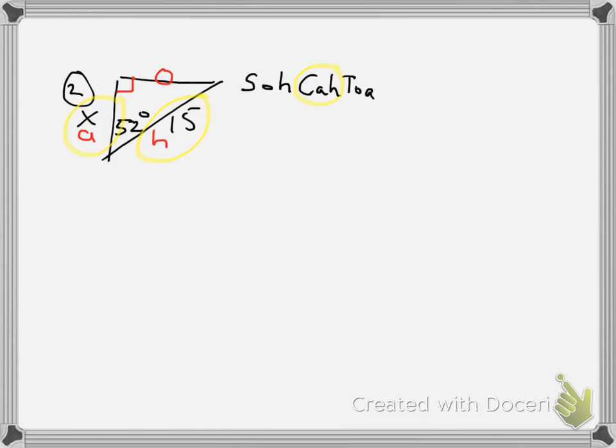That's cosine. So we're going to do the cosine of 52 degrees equals the adjacent, which is x, over the hypotenuse, which is 15. You can put this over 1 and cross multiply, but it's not really necessary. It really ends up being x equals 15 times the cosine of 52 degrees.